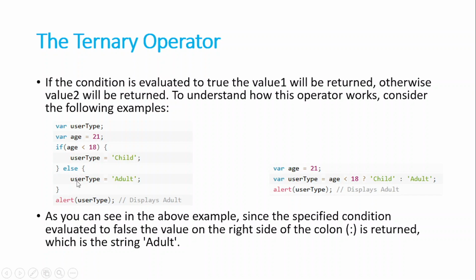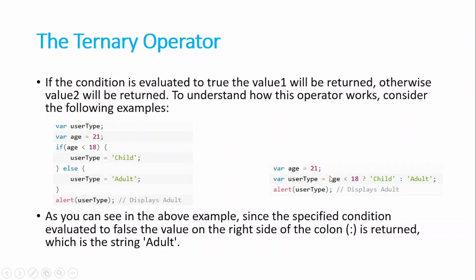But for shortening the code, for getting this very short, we can use this kind of approach, by using the ternary operator. You can see we have this age variable 21, which we set earlier. Then we are directly assigning the value to user type by first checking the condition only. We are just taking the condition which we executed in the if block.